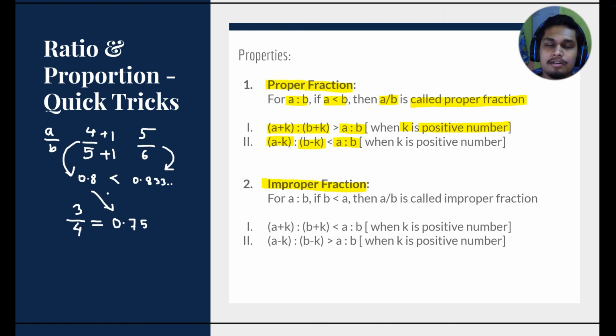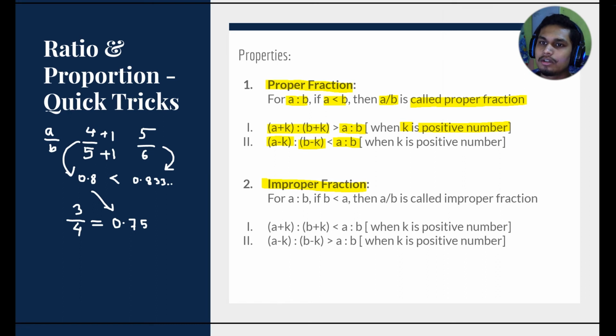So if we add a number in the numerator and denominator, the ratio will increase, and if we subtract a number from numerator and denominator, the value of the ratio will decrease. Now this is the same property we can use in any ratio related problems, because ratio can be represented as a fraction. So this will be a very useful property to identify the proper and improper fraction.